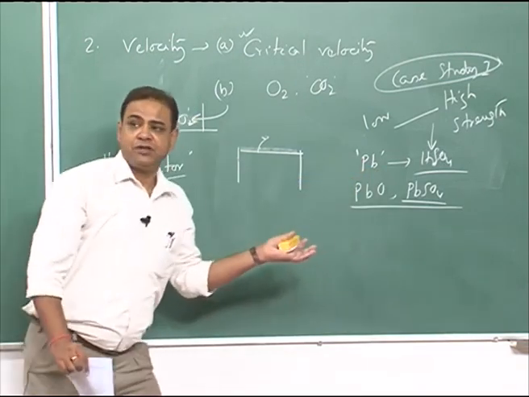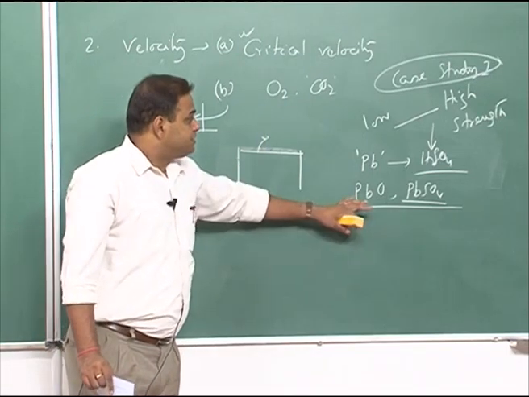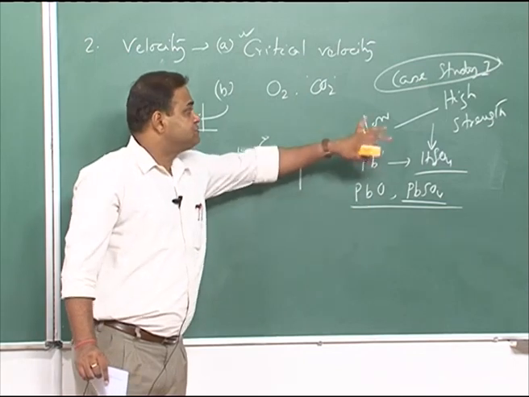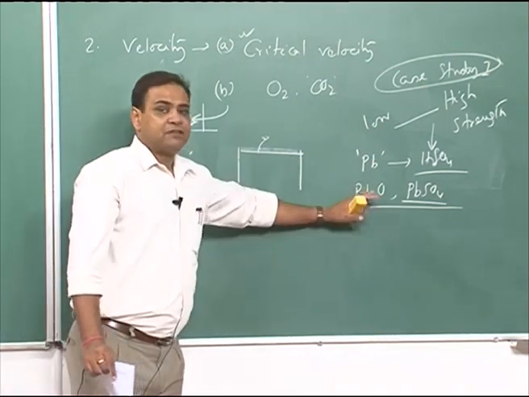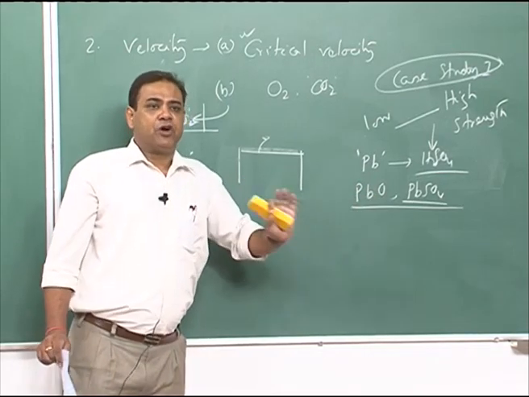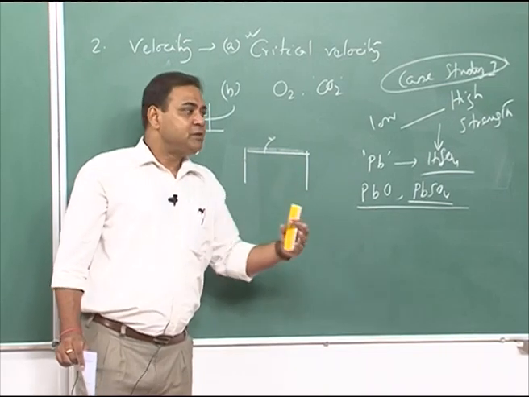So lead dissolution increases to a great extent. That means it is not only velocity; at the same time the strength of the solution would decide whether the passive film would be active or not. Active means whether it would give protection against this erosion corrosion.